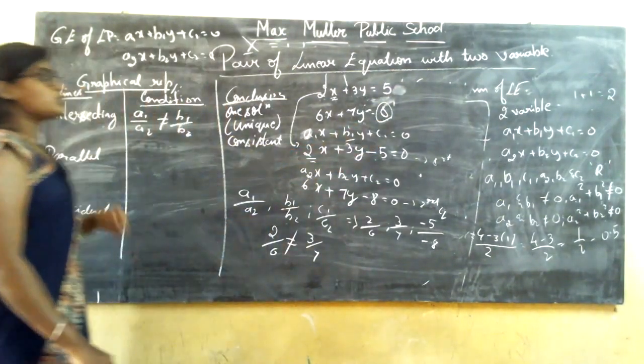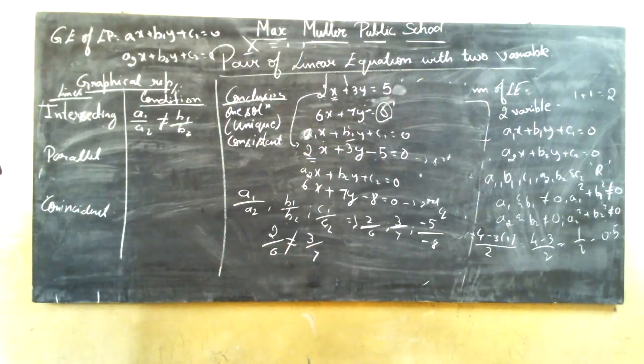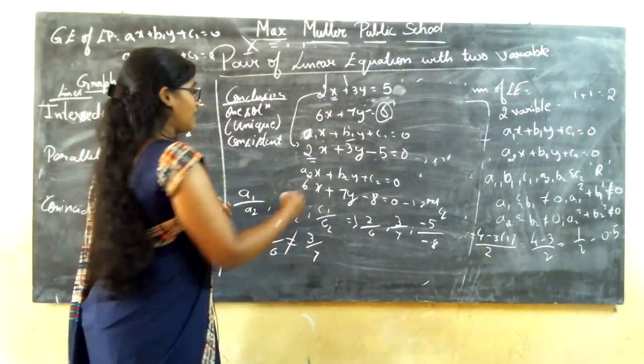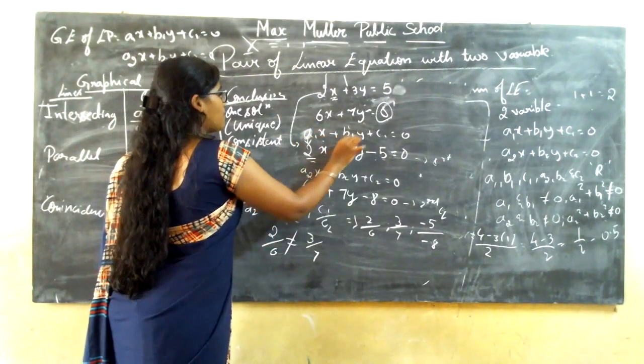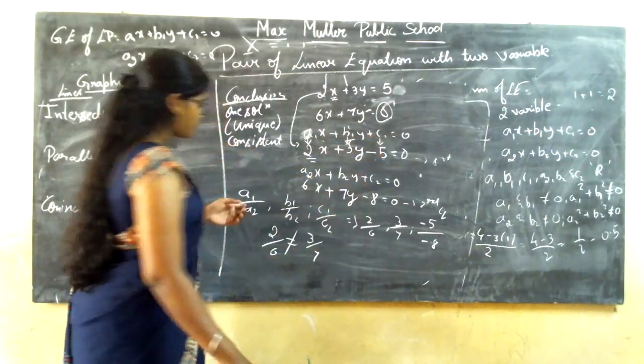Clear about that? So you are going to substitute into A1x plus B1y plus C1 is equal to 0 and find the values of A1, B1 and C1.